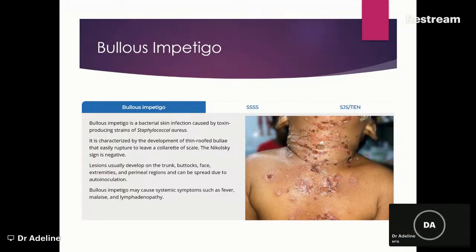In this case, the Nikolsky sign is negative, whereas in SSSS the Nikolsky sign was positive. These lesions usually develop on the trunk, buttocks, face, extremities, and perineal regions, and they can spread due to auto-inoculation, that is, from one lesion to the other. Bullous impetigo can also cause systemic symptoms like fever, malaise, and lymphadenopathy.